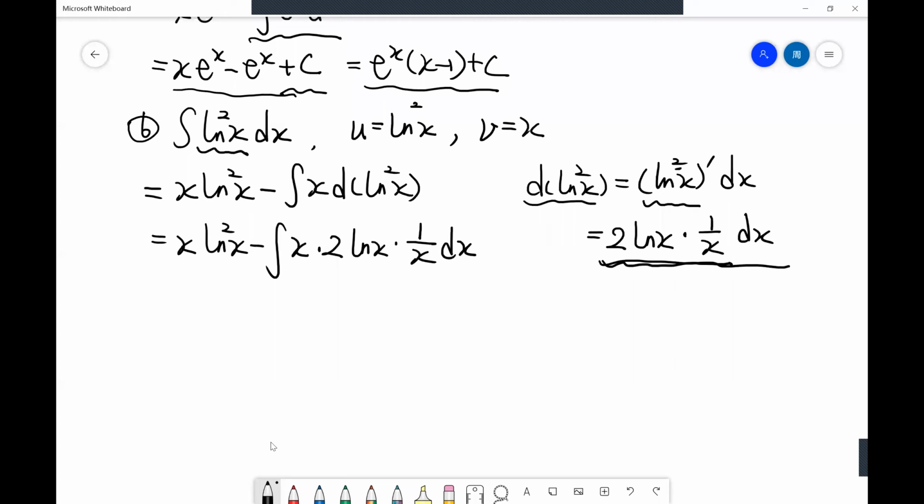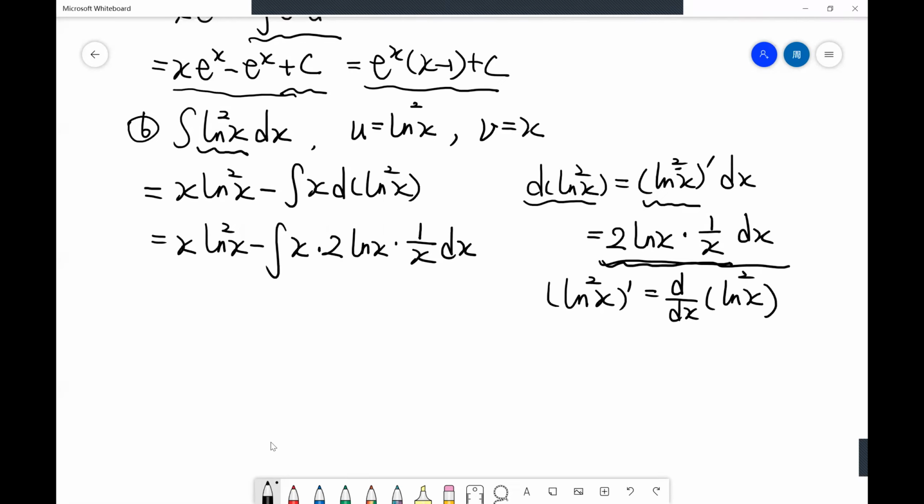Okay. So here, the question is how to calculate (ln x)squared prime, right? That means here we want to calculate d (ln x)squared by dx. So here we use the substitution rule, as we calculate the derivative.